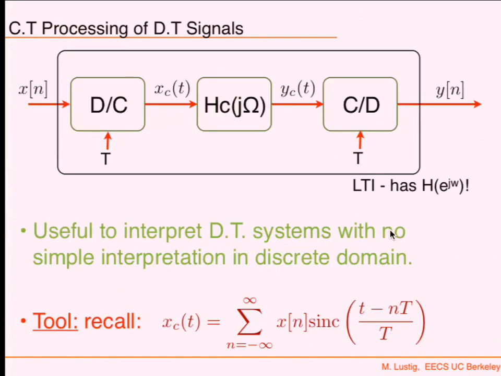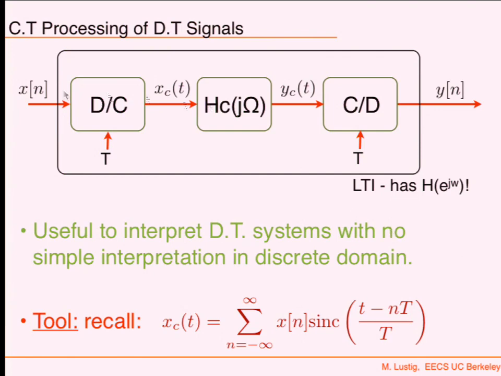Okay. So let's talk about something weird. Let's talk about the case where we're going to implement something different. Why? Well, just for the sake of it. Okay. Let's start with a signal. So let's do continuous time processing of a discrete signal.